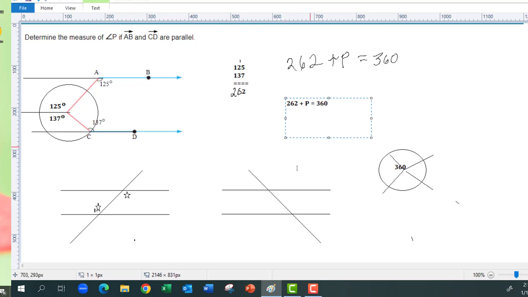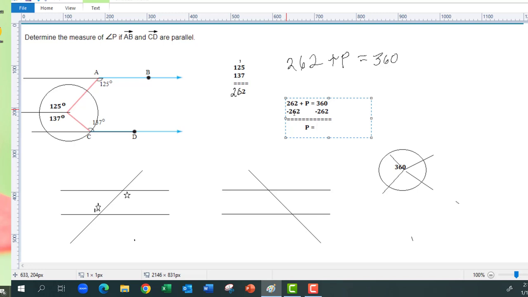And now to find my answer, we could talk about, we need to subtract that 262 from 360, right? So I'll do minus 262 on this side of my equation, and minus 262 on this side of my equation, and I'll end up with the value of P is, right?